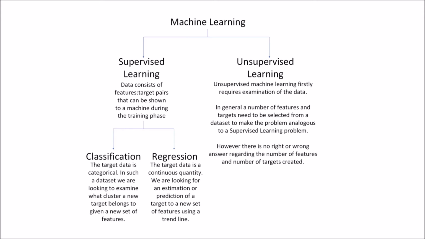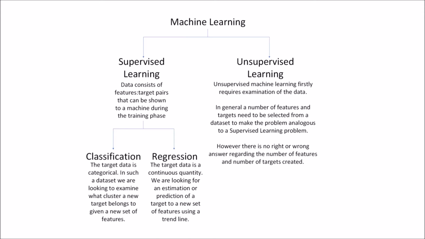So I'm going to try and explain some of the more commonly used estimators within the Scikit-learn library, but I'm going to restrict this video to the basics. So we're going to look at machine learning, and we're going to look at supervised learning.